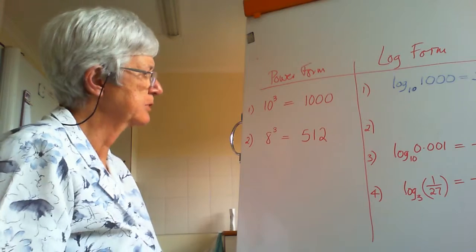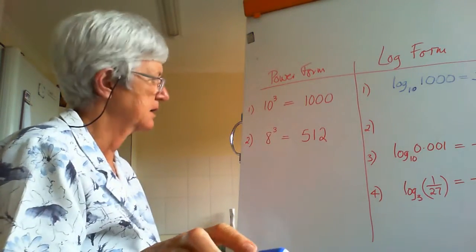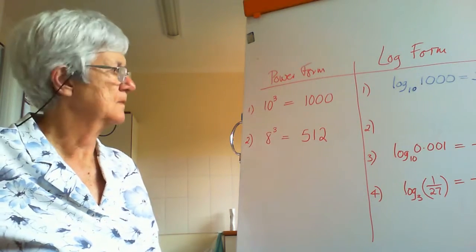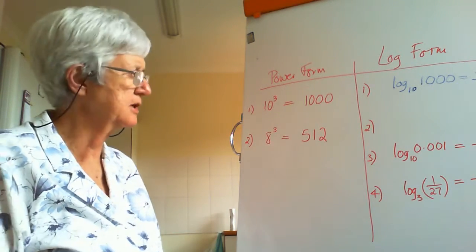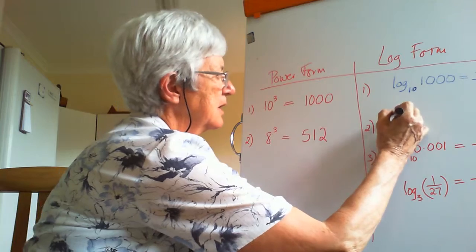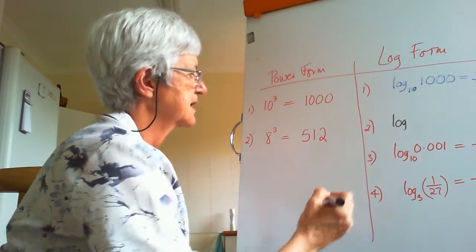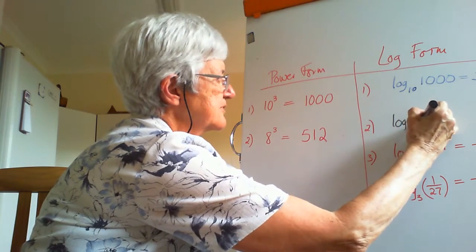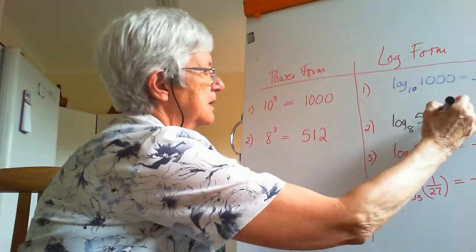Now think for a moment, how would you rewrite the second statement? 8 cubed equals 512. The power, what is our base? The power of 8, which gives us 512, is 3.